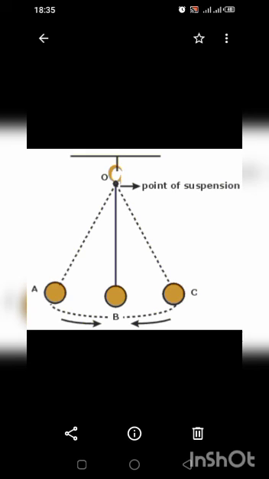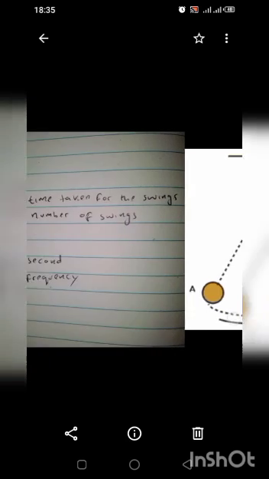The number of full oscillations, which is the bob moving from A to C and back to A, in 1 second.